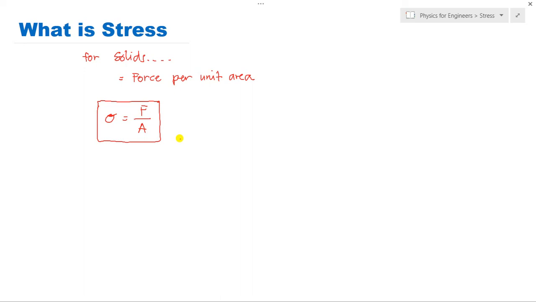Unsa man imong nahinumduman so far nga mga types of forces? What else? Mora? Okay, tension force.